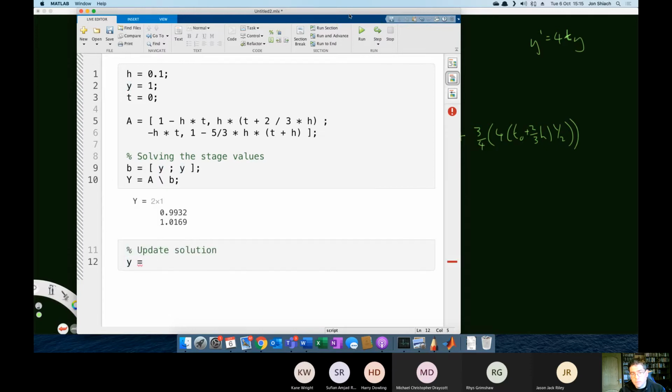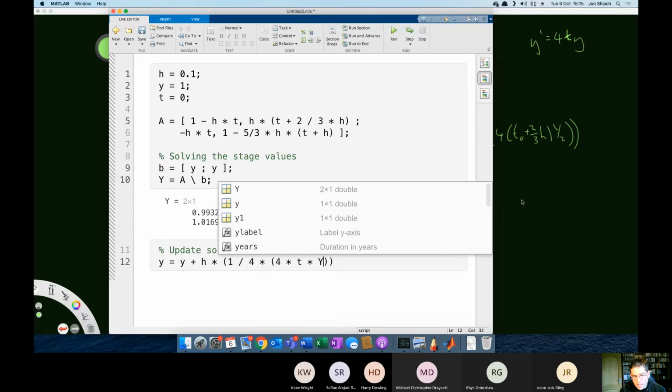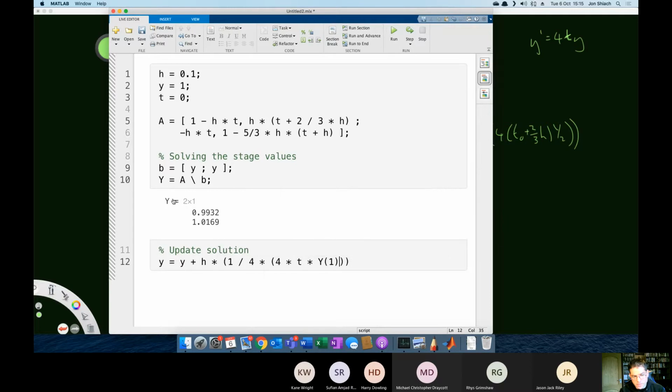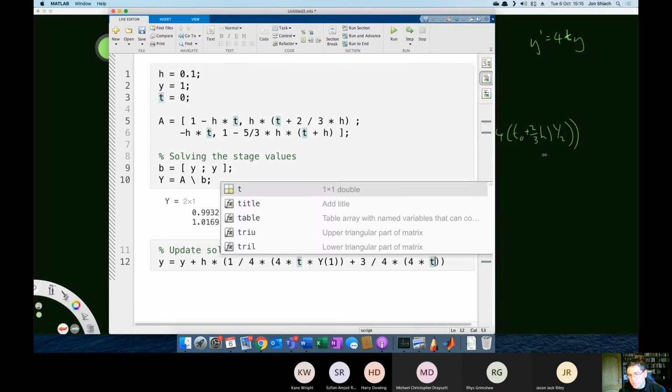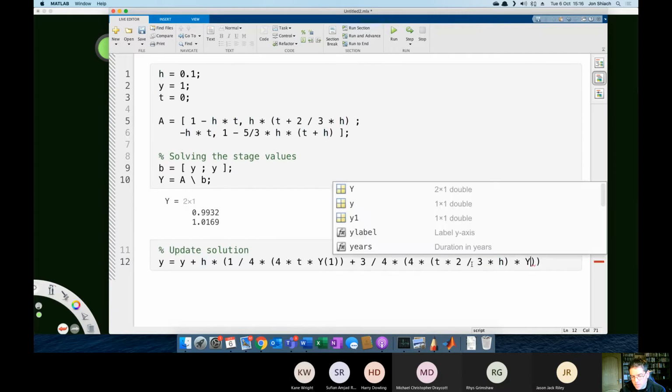Our next solution is equal to our current solution plus h multiplied by 1/4, times 4, multiplied by tn, times y1, the first element of our y solution there, plus 3/4 times 4 times t plus 2/3 times h, multiplied by y2.